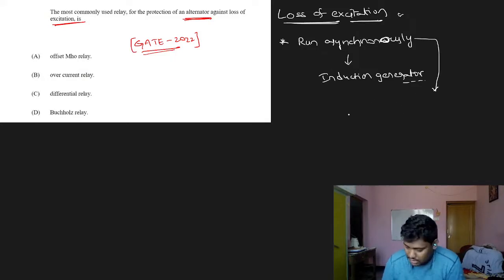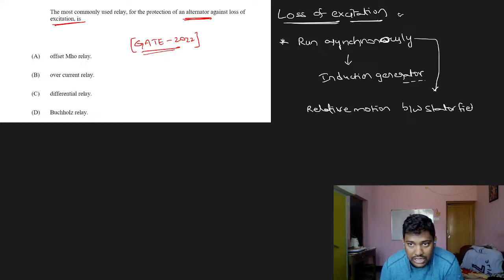So, what happens because of running asynchronously? What happens is, let me write the point, relative motion between stator field and rotor field, generally it should be zero ideally, but here, since they are running asynchronously, relative motion between stator field and rotor field increases.